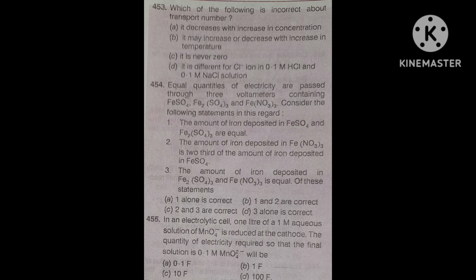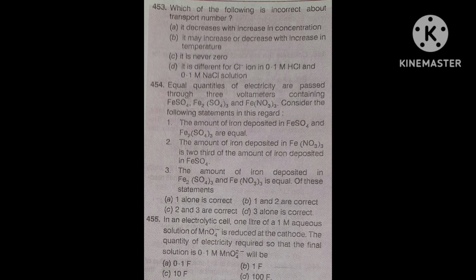Second option, it may increase or decrease with increase in temperature. Third, it is never zero. Fourth, it is different for chloride ion in 0.1 m HCl and 0.1 m NaCl solution.